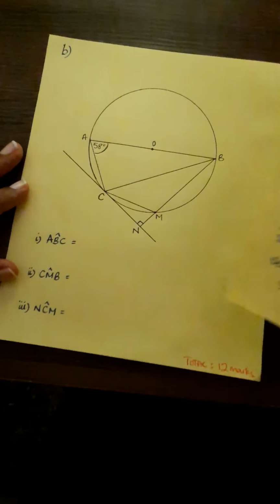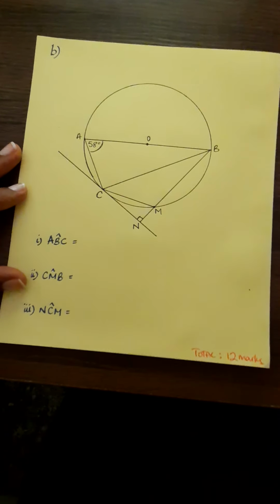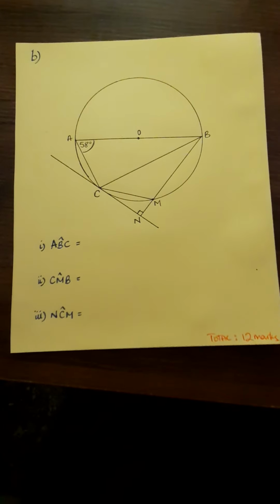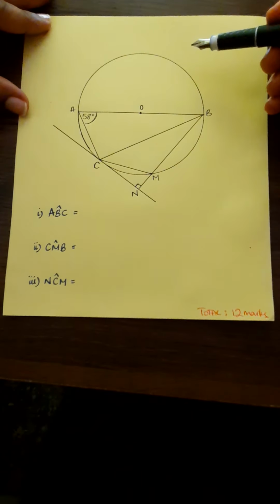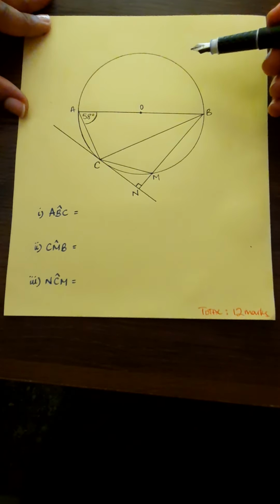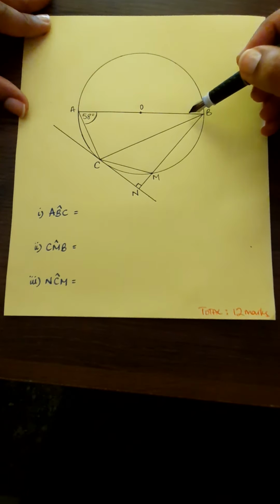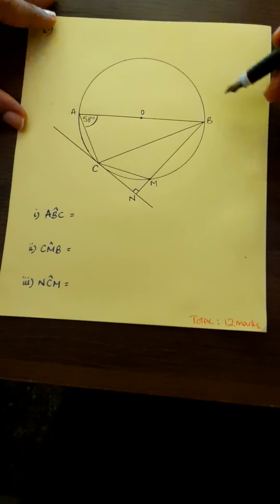But we're not finished. This is just part A. Part B is a circle theorem question. We are given this diagram that I've tried to recreate, and they want angle ABC. So there's this angle here. The first thing I do is put what I know.